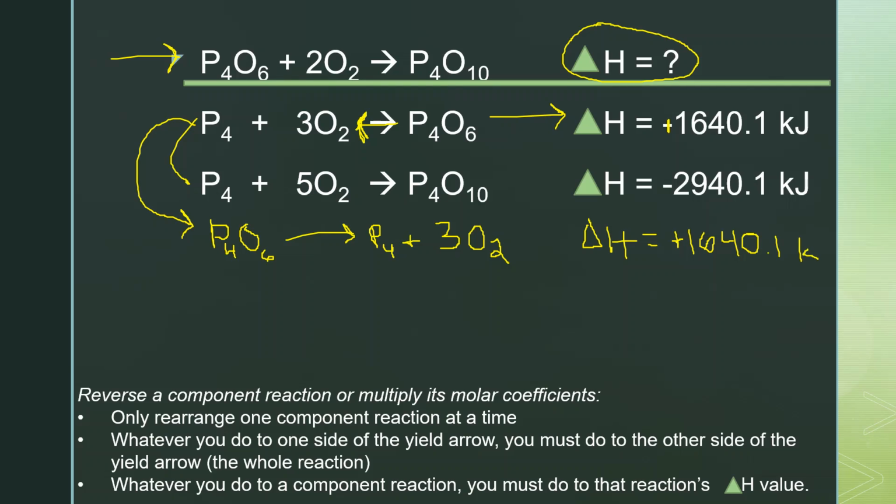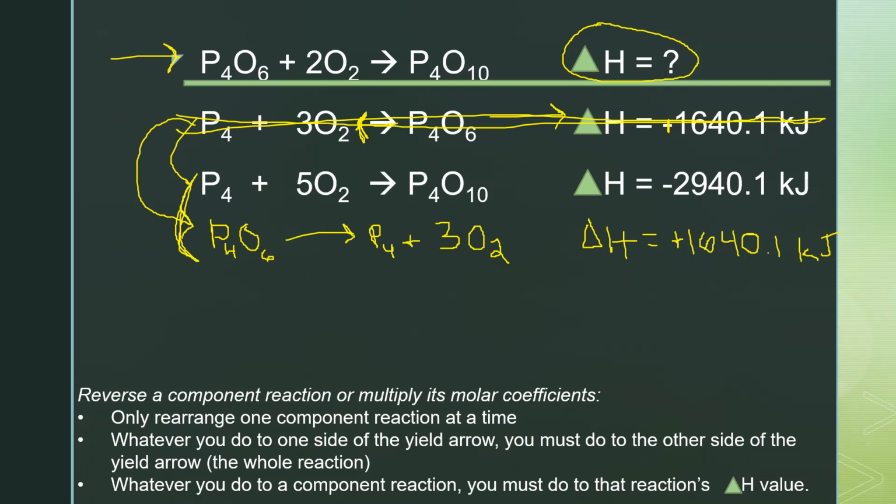So now we have this component reaction reversed, so we can cross off the component reaction we used up. We used that one up already, so we reversed it, so we'll cross that one out. So now we have the one leftover component reaction and the new component reaction.